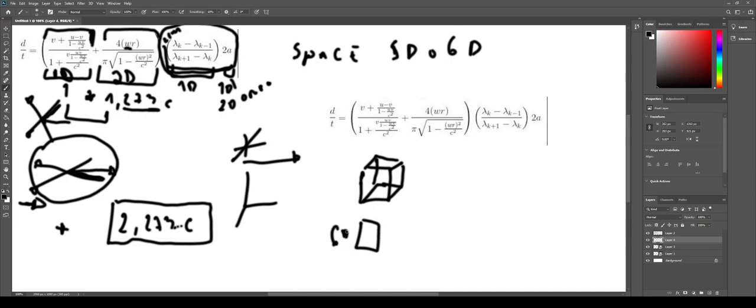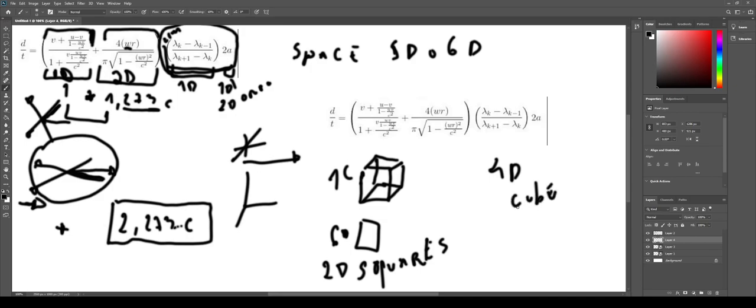So one cube is six squares. A 4-dimensional cube, or hypercube, is some sort of a lot of 3D cubes.